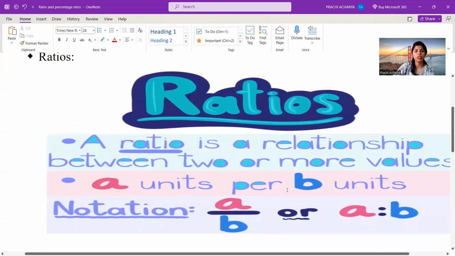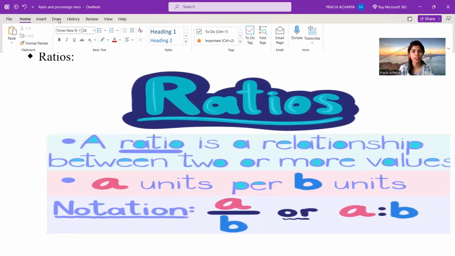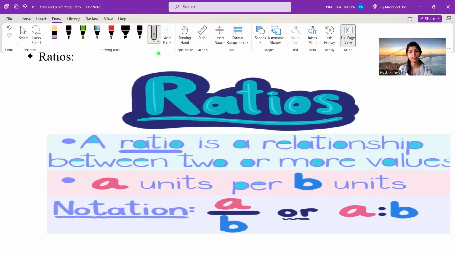Children, you know very well that ratio is nothing but a relationship between two or more units. If we have two units, the first is A units and the second is B units, then to find the ratio we take A units per B units.